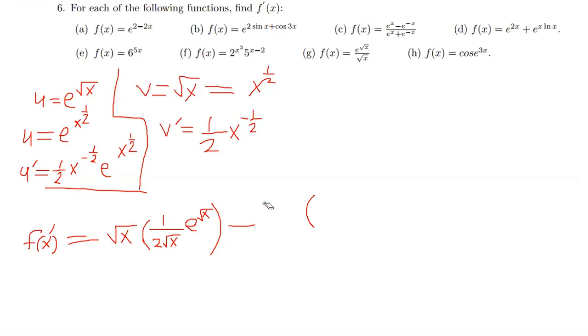So my u is e to the power root x, then multiply it with v prime, which is 1 over 2 root x, then divide everything by v squared.